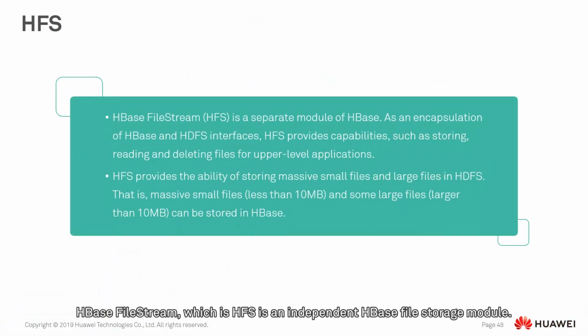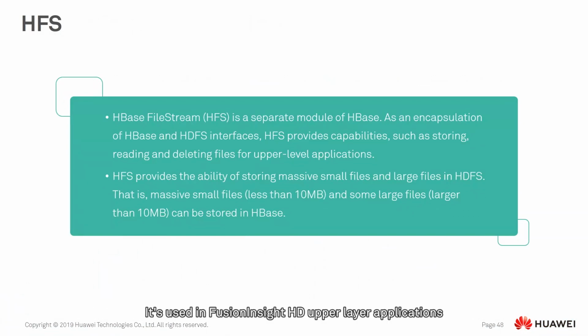HBase file stream, which is HFS, is an independent HBase file storage module. It's used in Fusion Insight HD upper layer applications by encapsulating HBase and HDFS interfaces to provide these upper layer applications with functions such as file storage, read, and delete.